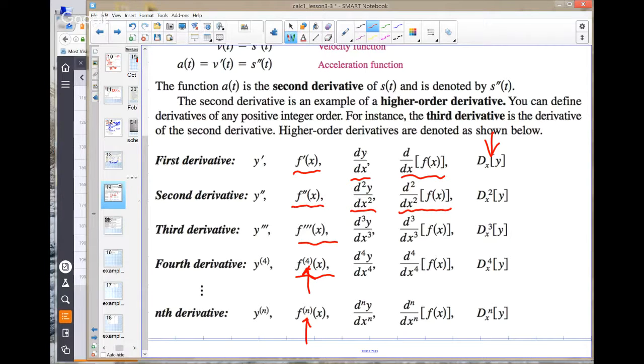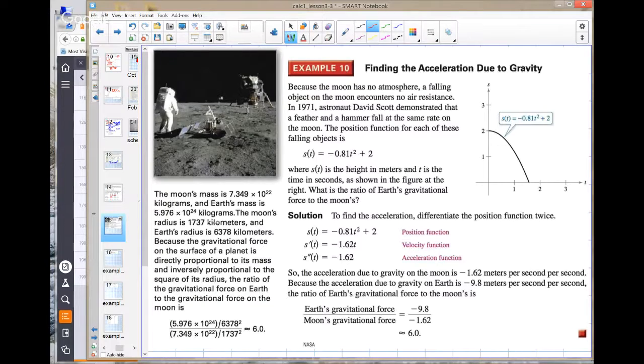So the classic example of this is when you take a falling body, or we talk about gravity, and this is a great example: the gravity on the moon as opposed to the gravity on the Earth.